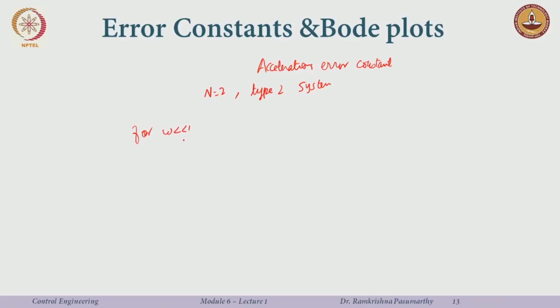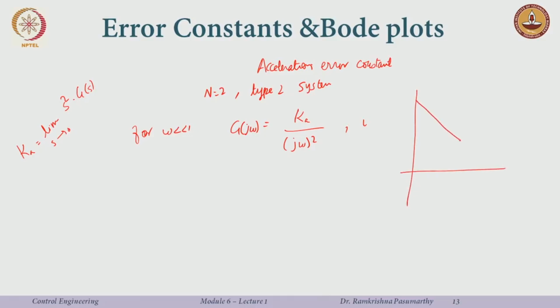I am now looking at G of j omega is Ka, and this Ka turns out to be the acceleration error constant, divided by (j omega) square. How do you compute Ka? It is the limit s tends to 0 of s square G of s, and then you do the j omega, and whatever K is left is actually the Ka. Again these are for lower frequencies. So, if I just plot, I will have a minus 40 decibel per decade line, and then maybe something else happens and so on. So, I just extend this line.